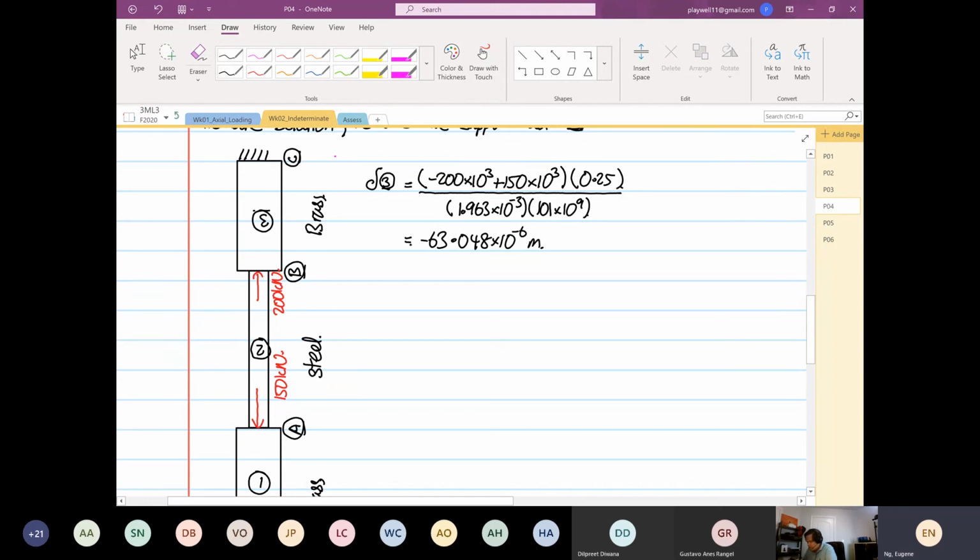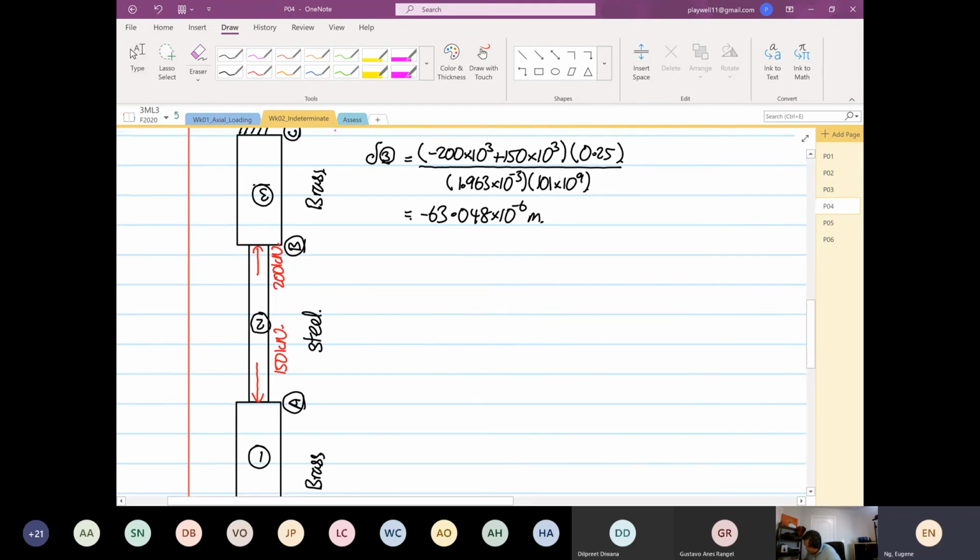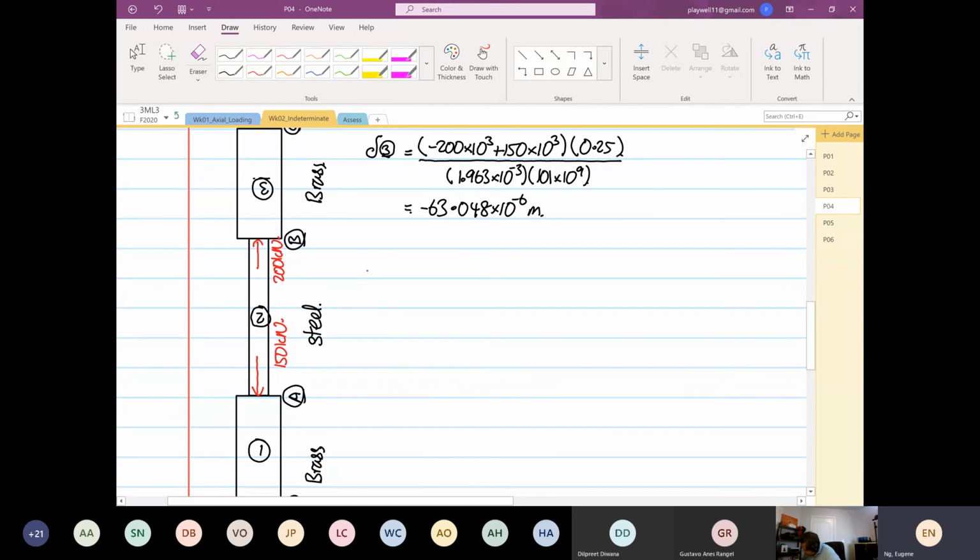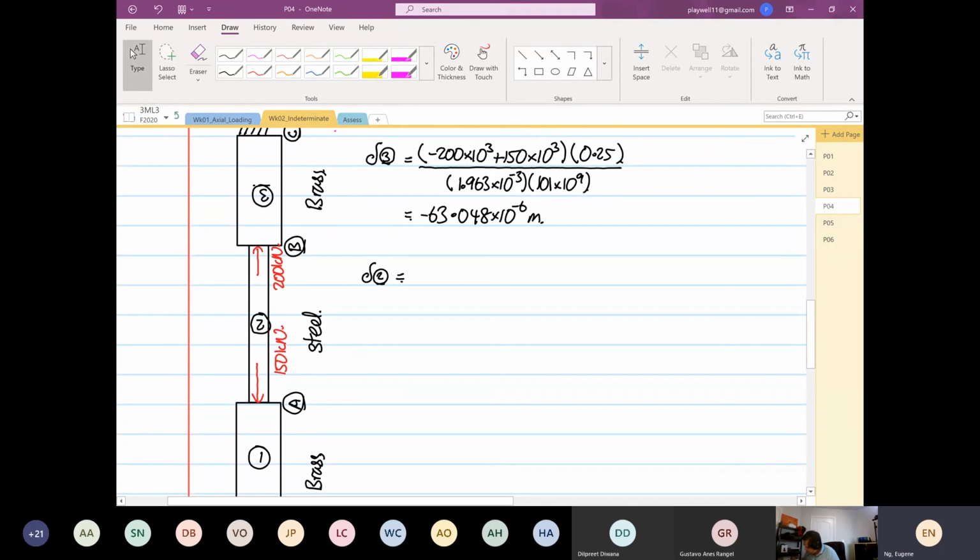Let me do it again. Minus 200 power 3 plus 150 power 3 times 0.25, divided by 1.963 power minus 3, divided by 101 power 9. So it's equal to 63. Then we look at deflection at 0.2. You will not see the 200, but you'll see the 150, which is going to be in tensile.